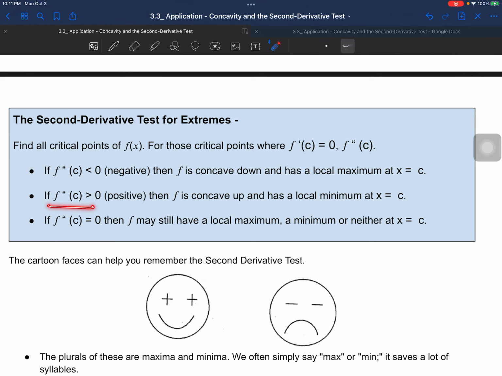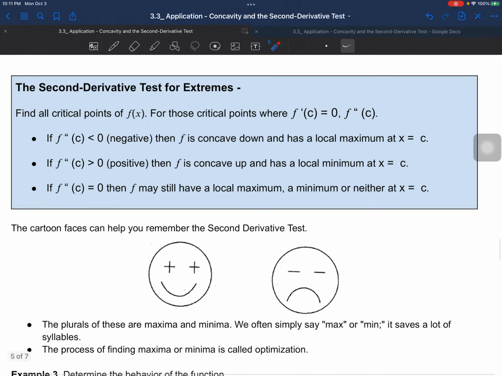If you plug in c and you get a positive number, that means you have a concave up, and so your critical number is a local min. If your second derivative at c is 0, then you can still have a local max, a local min, or neither. We won't be able to tell, so we cannot determine it either way.